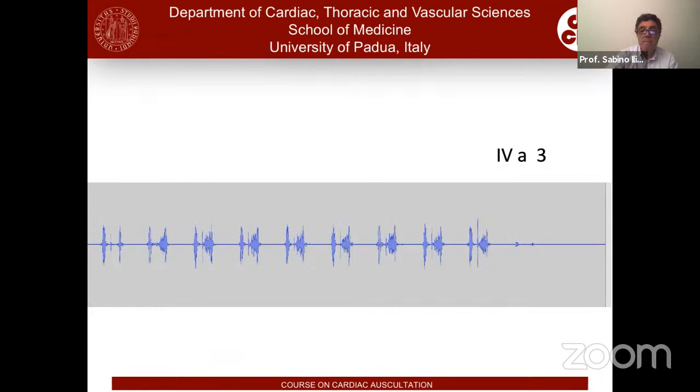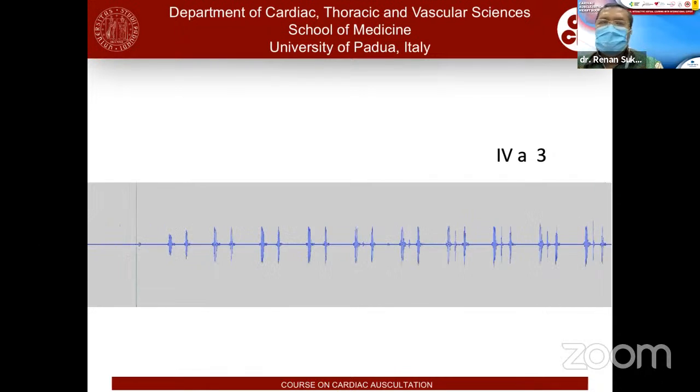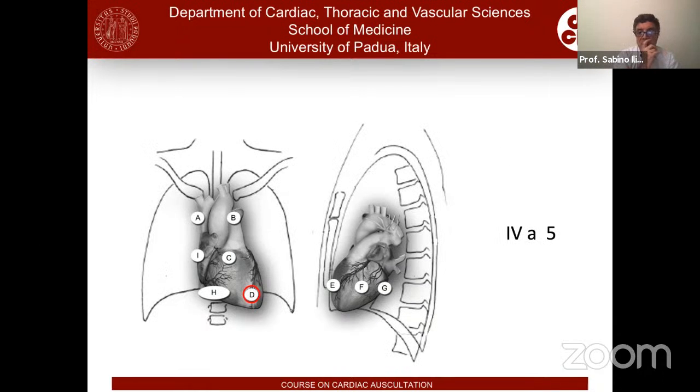Okay. So now we have 4 consecutive, before concluding, 4 consecutive different examples of a complete auscultatory finding without preparation. So you will have click and late systolic murmur, click and late systolic murmur in 4 different cases.